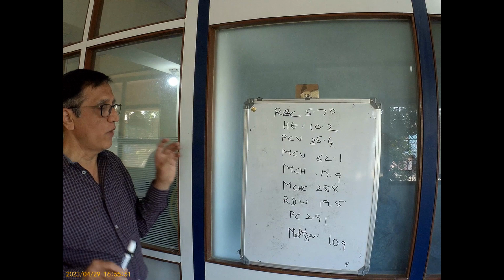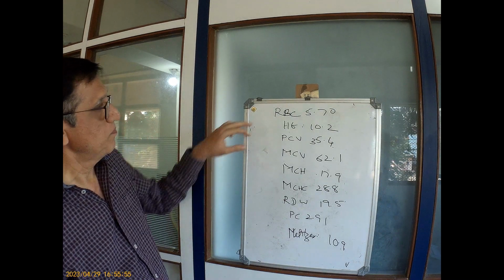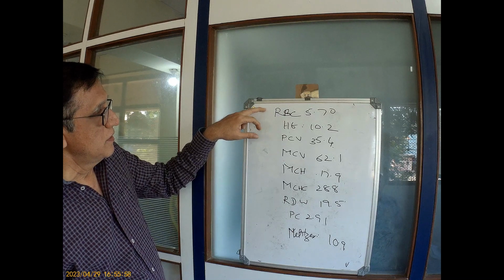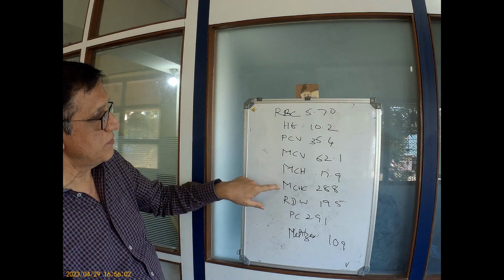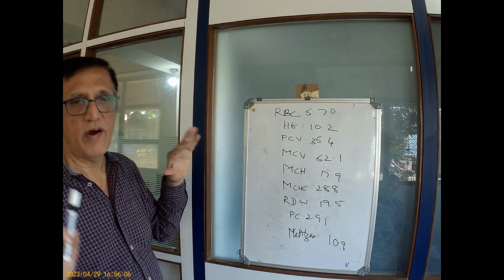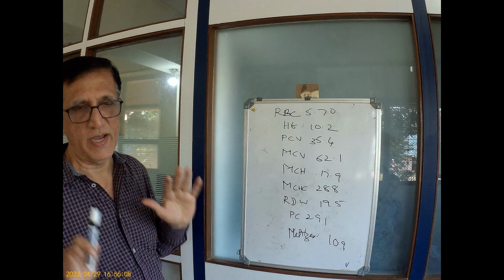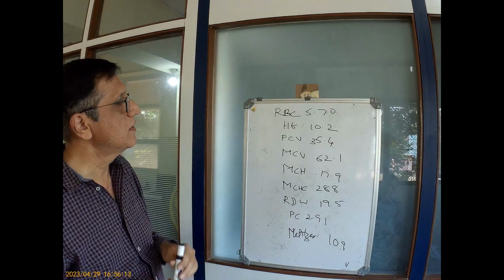For iron deficiency anemia, RBC, hemoglobin, MCV, MCH, MCHC are all low, and you are quite sure this is going to be iron deficiency anemia. Right?